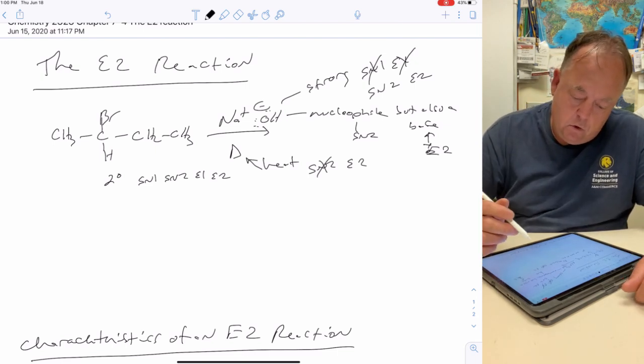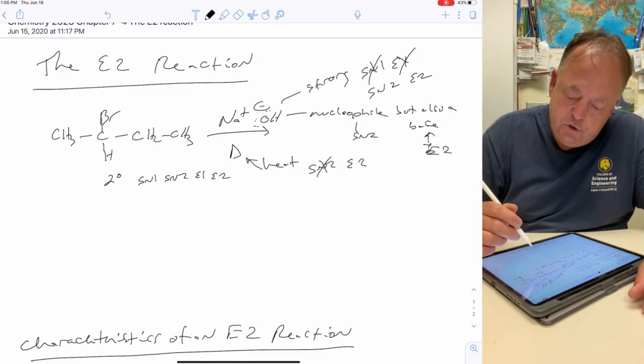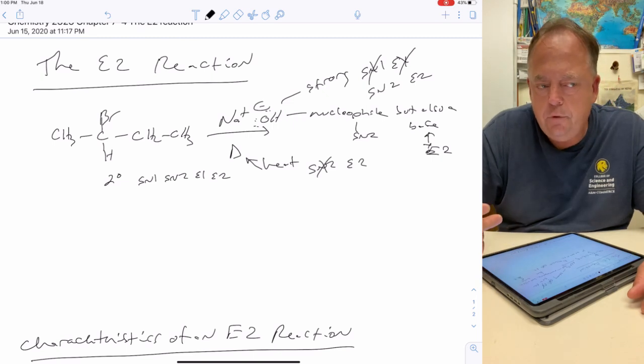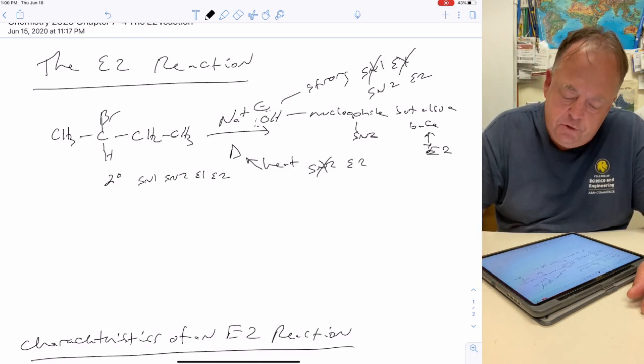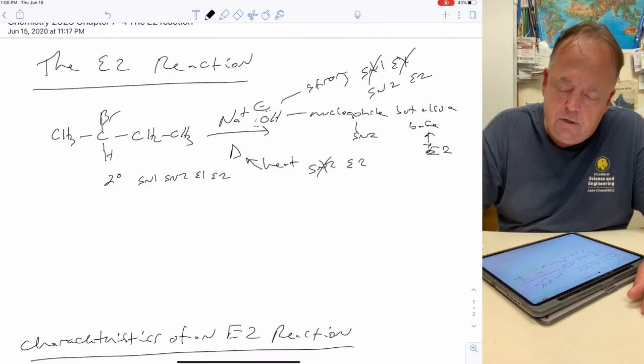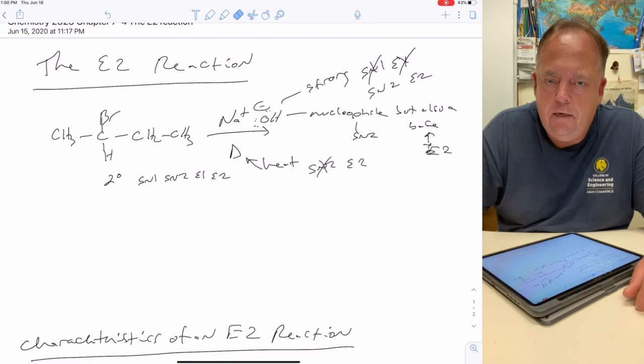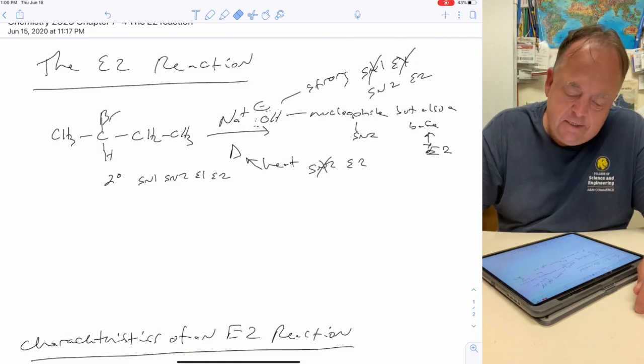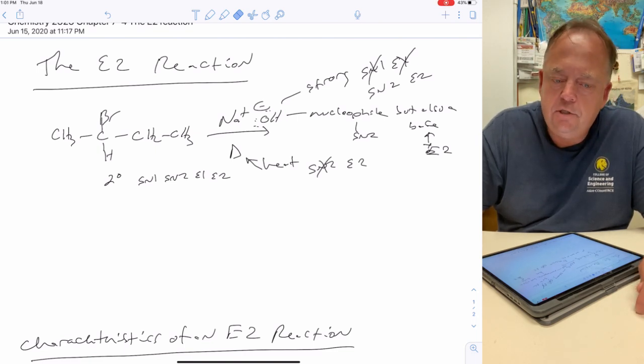SN2 and E2 are generally in competition with each other. Not always, as we'll see: E2 is okay for tertiary, whereas SN2 is not. But if it's primary or secondary, then SN2 and E2 can be in competition with each other, just like SN1 and E1 are in competition with each other.